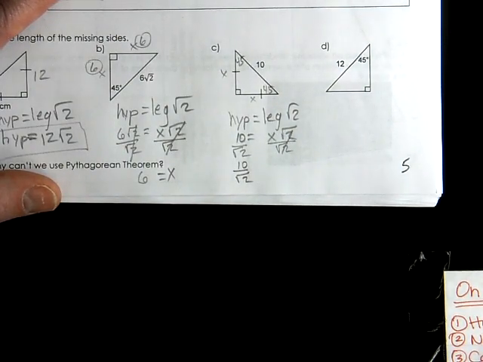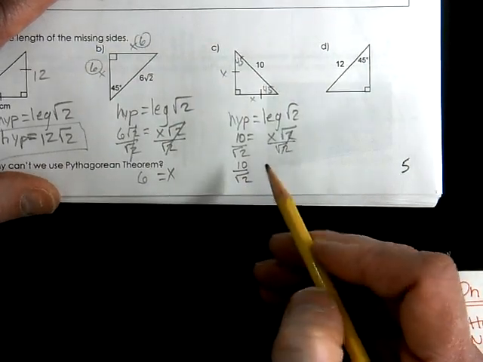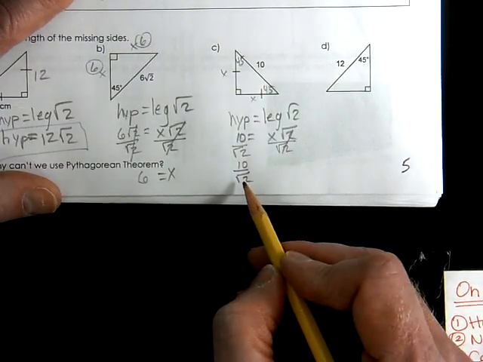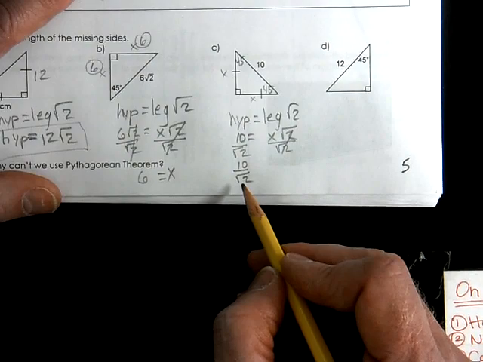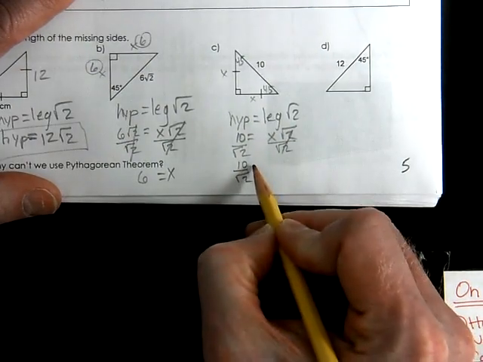How do I simplify 10 divided by root 2? Can I call it 5 root 2? No, they're not the same type of number. So I have to rationalize the denominator. What we learned last week.